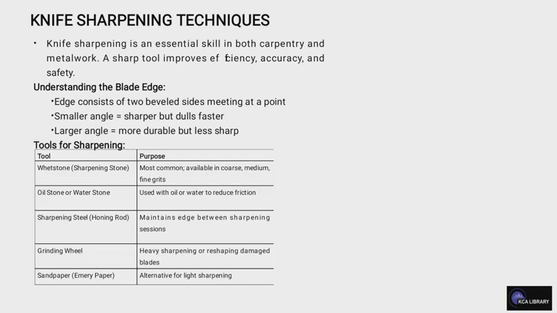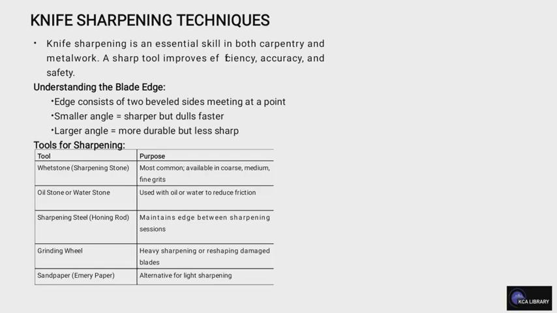And we have tools for sharpening. The first one is the whetstone, which is a sharpening stone, and it's the most common, available in coarse, medium, and fine grades. We have the oil stone or water stone, which is used with oil or water to reduce friction. We also have the sharpening steel, which is a honing rod, and this maintains the edge between sharpening.